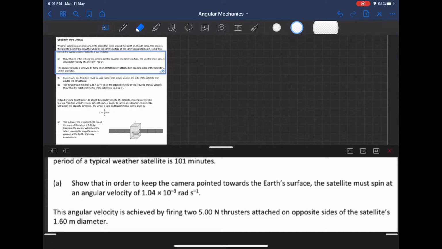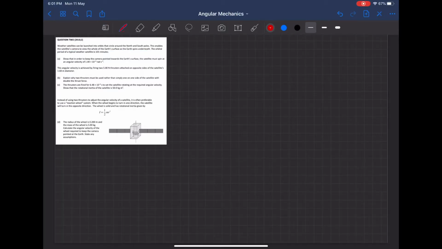Having a little think, all right, we've been given the period, we're going to turn that into seconds. So starting off, we're going to get rid of this, and we'll say T, that's the period. T equals 101 minutes, and we're going to times this by 60 seconds in a minute, and we get exactly 6,060 seconds.